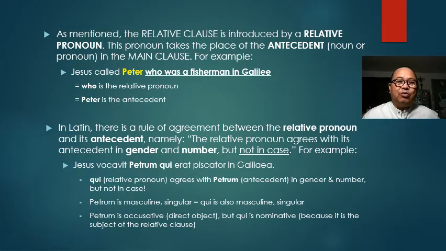The underlined words, who was a fisherman in Galilee, are the relative clause, introduced by the relative pronoun, who.